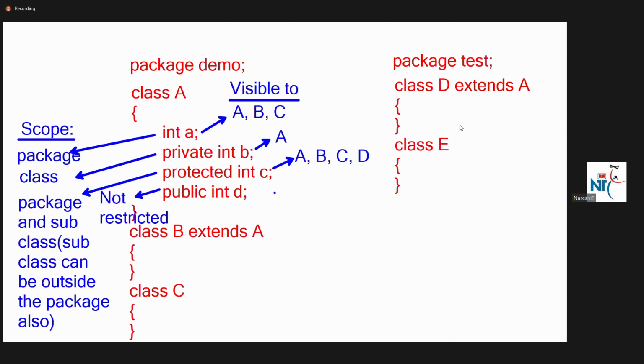So, no restrictions for public. There is no difference: A class, B class, C class, D class, E class. All the classes can access it. No restriction anywhere. Say, small a: how many classes visible? 3. Small b, 1 class.